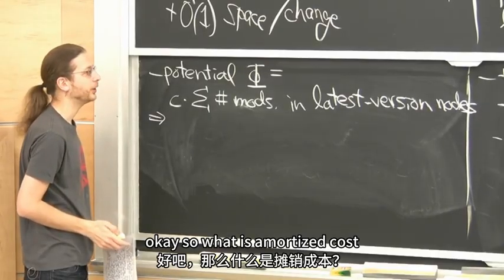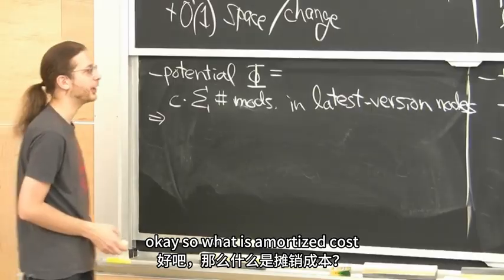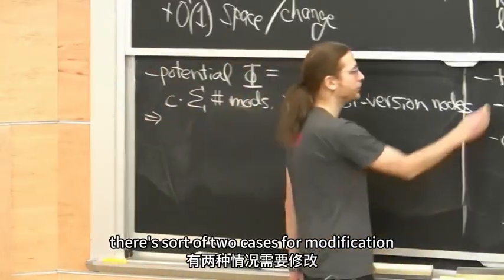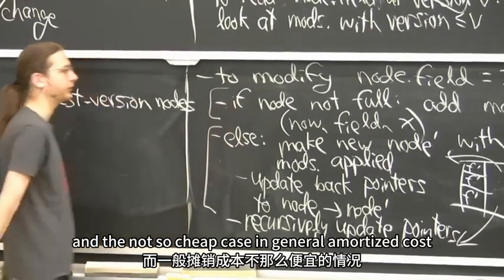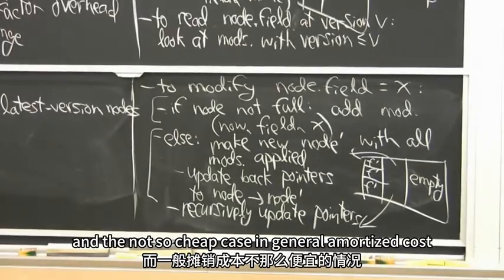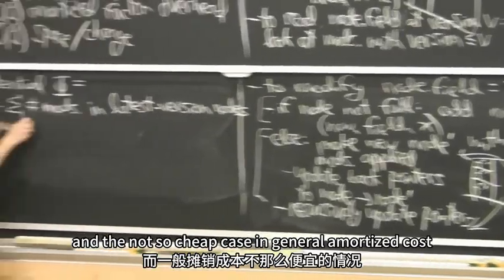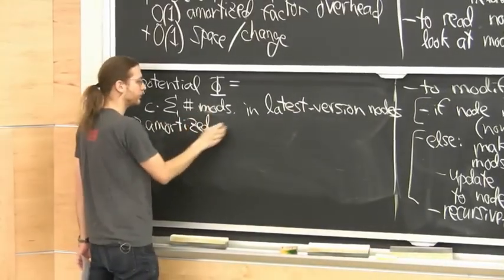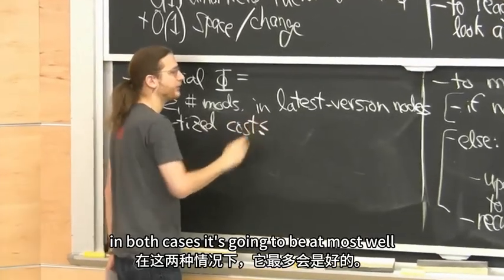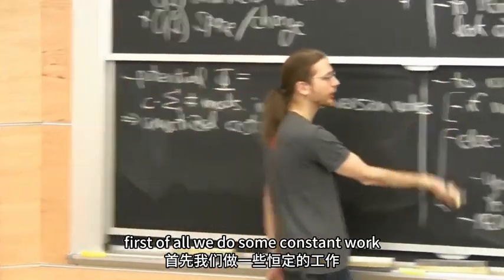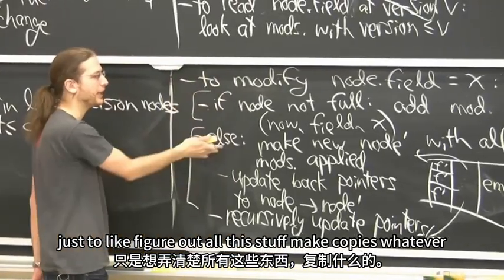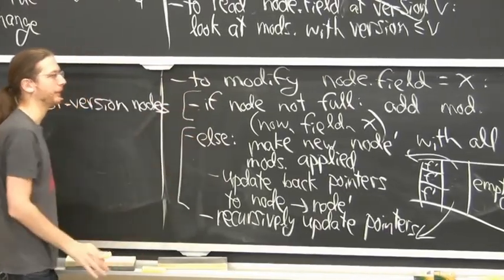Okay, so what is amortized cost? There's sort of two cases for modification. There's the cheap case and the not so cheap case. In general, amortized cost, in both cases, is going to be at most, well, first of all, we do some constant work just to figure out all this stuff, make copies, whatever.